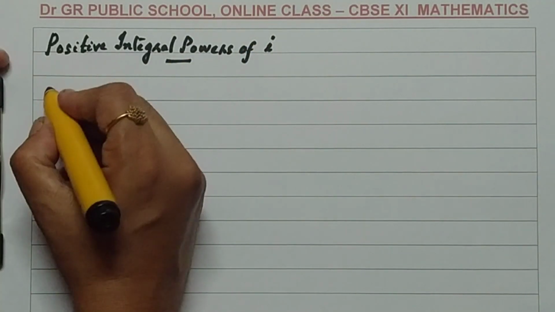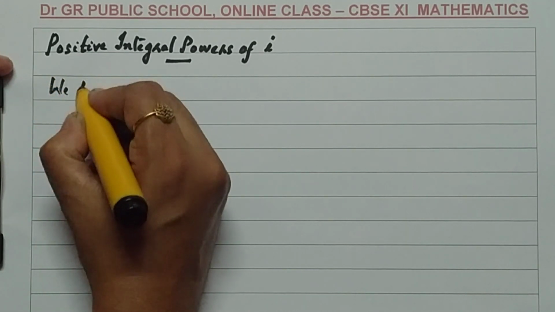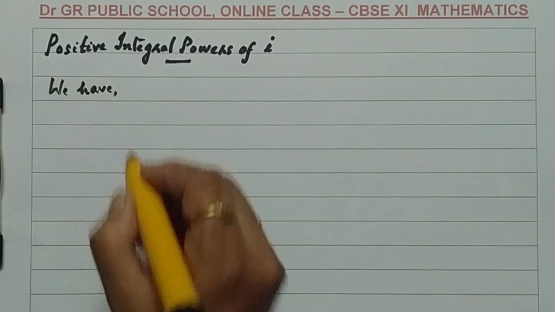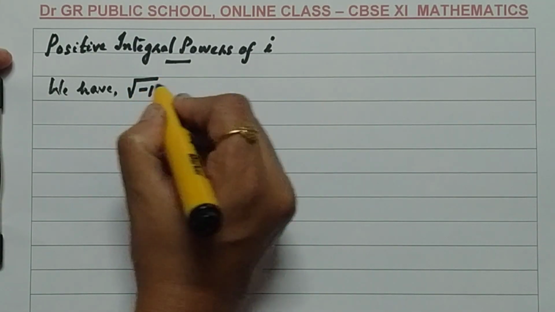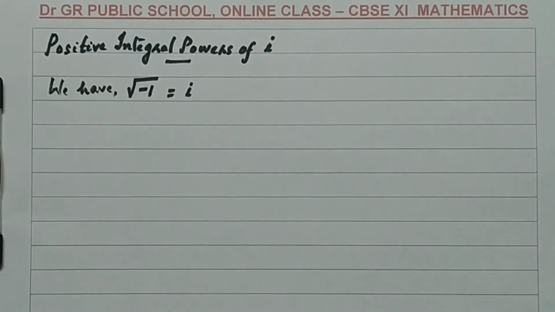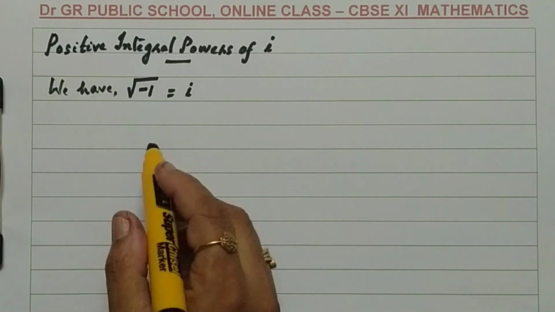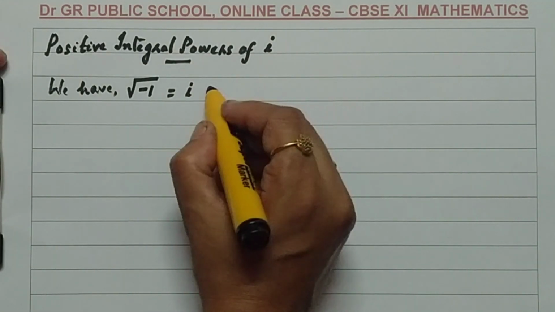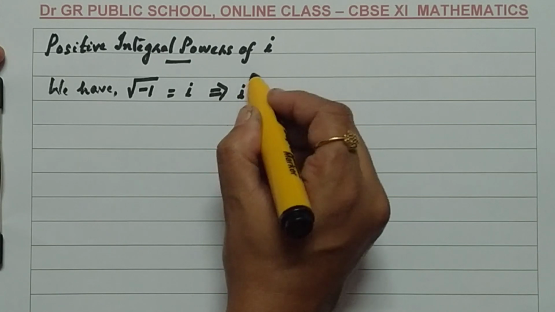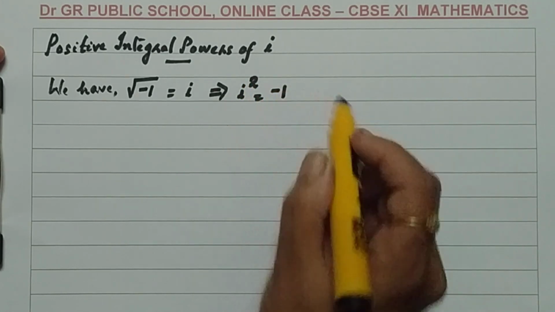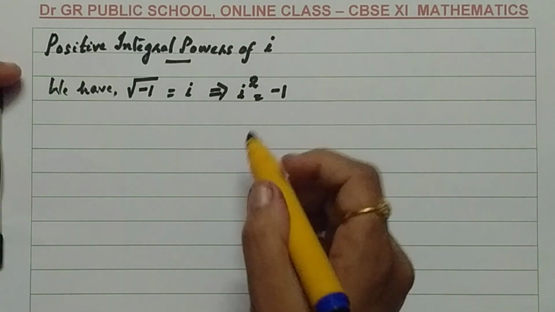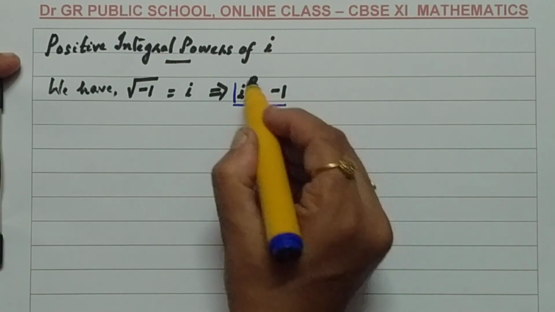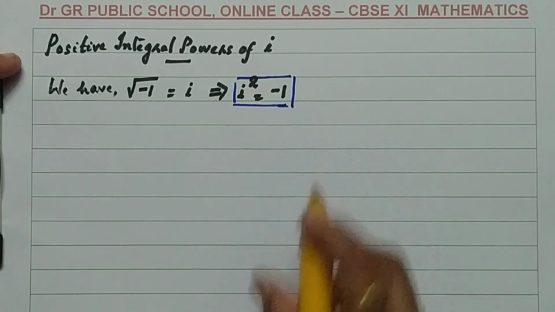The only result we have is root of minus 1 equals i. Squaring, you get i square equals minus 1. This is the basic result to find the powers of i. i square equals minus 1 is the basic result.